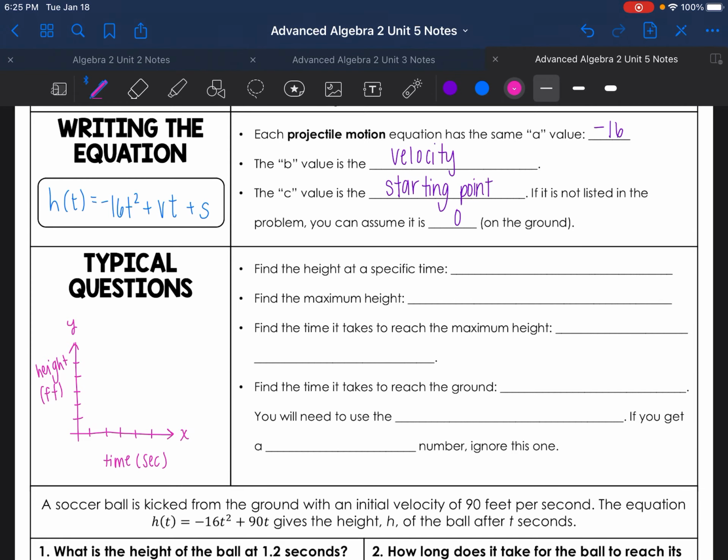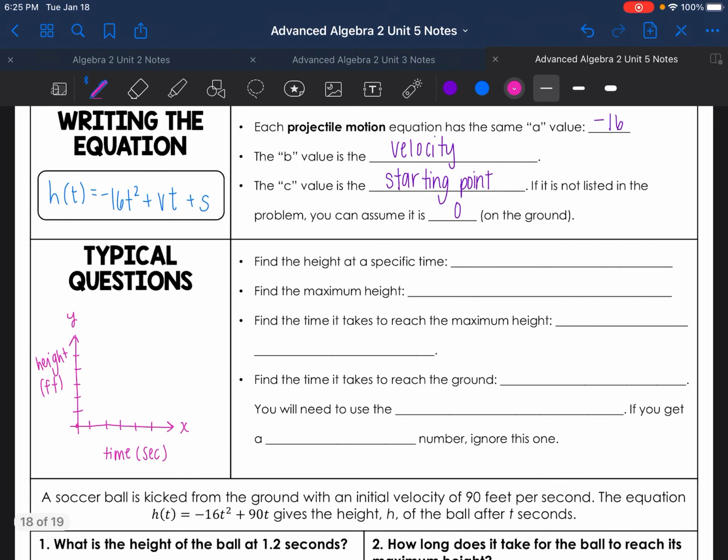So let's say that a ball starts on the ground. So here it is, at 0 seconds, it's at 0 feet. And then at 1 second, let's say it's 1 foot. And then it keeps going up. It's going to form a parabola.